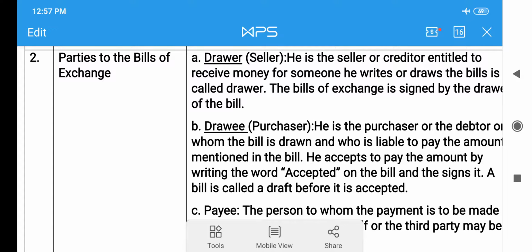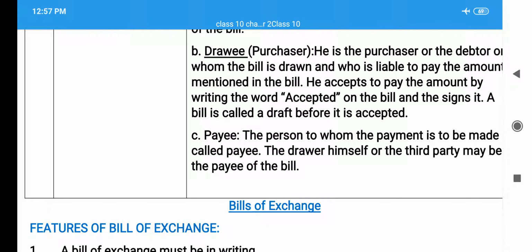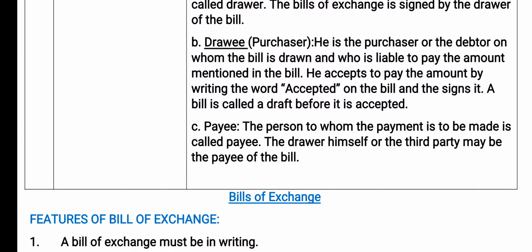Now our second party is drawee. As I have given you the example, X sold goods to Y. So now Y will become the drawee, who is also known as the purchaser. He is the purchaser or the debtor in whose name the bill is drawn, and he is liable to pay the amount to the seller, who is the drawer.